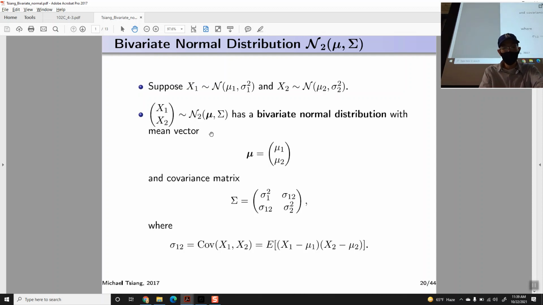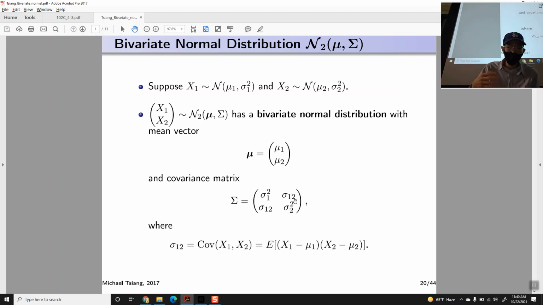The joint distribution of x1 and x2 will have mean mu1 and mu2, and the covariance matrix will have variances sigma 1 squared and sigma 2 squared, but we also have a covariance value, sigma 1,2. If they're independent, then sigma 1,2 is equal to 0, and this would reduce to the product of 2 independent normal distributions.